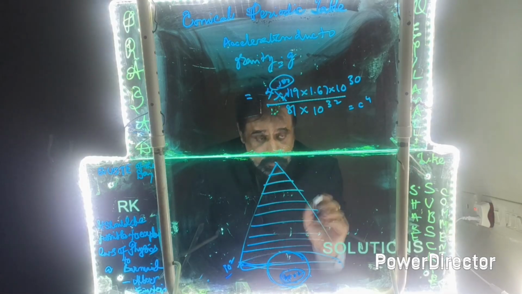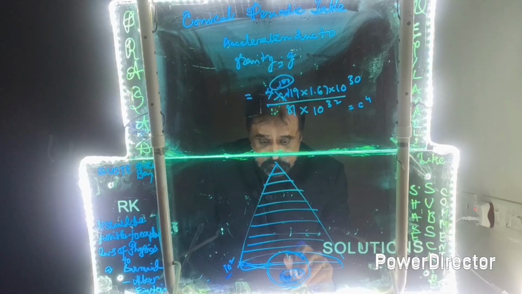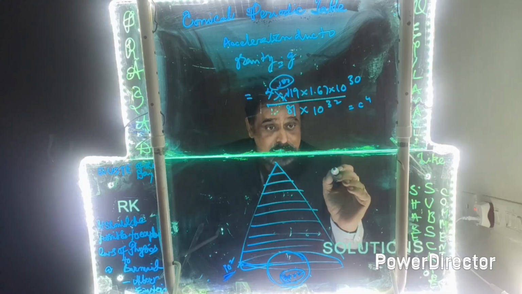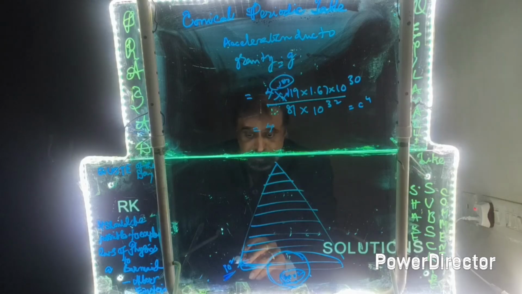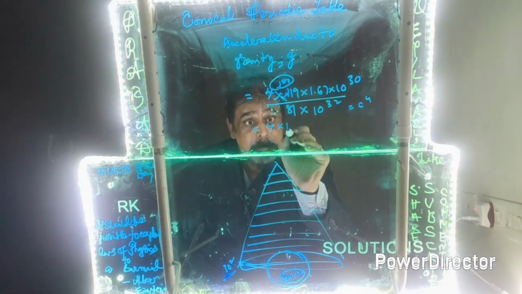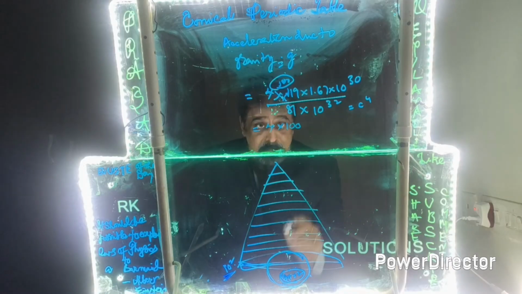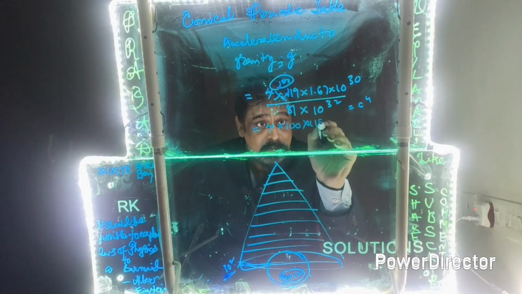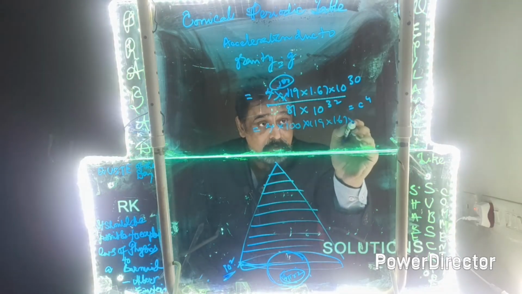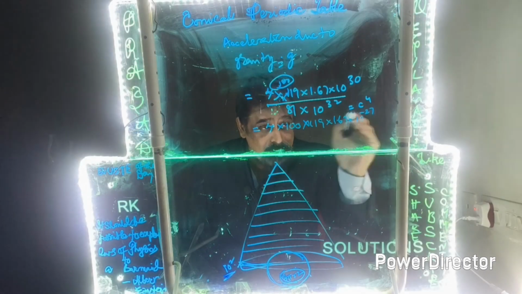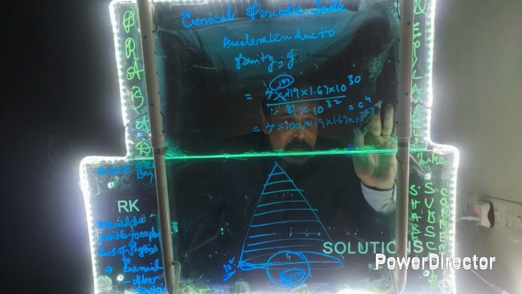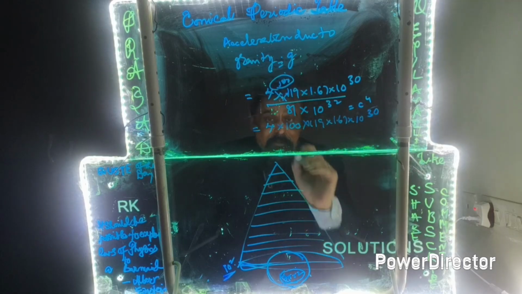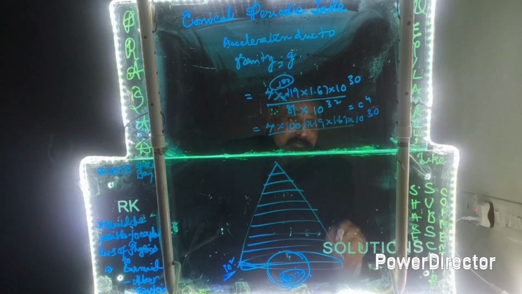So you have to take four such 10 squares, and this being 119 into 1.67 into 10 raised to minus 27 being the photon, such similar objects we are taking, 10 raised to 30 here because it is the sun's mass.